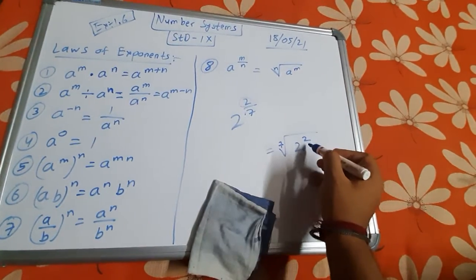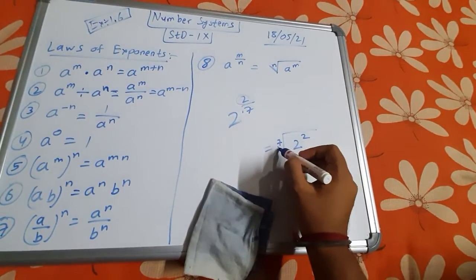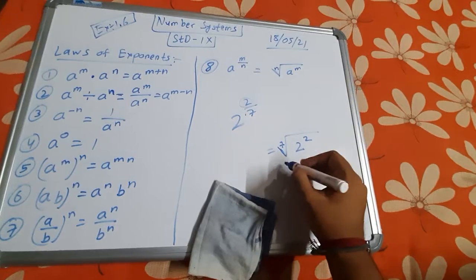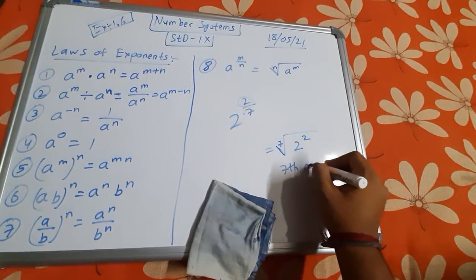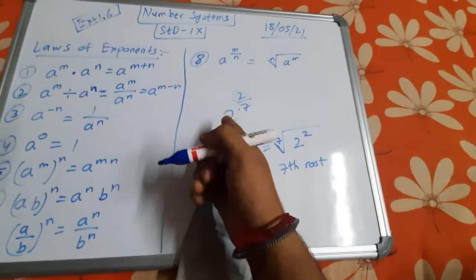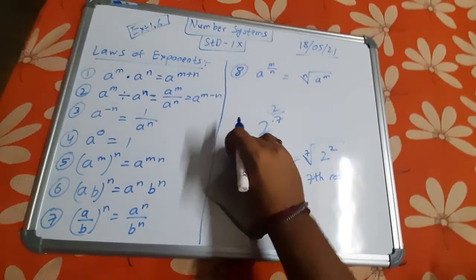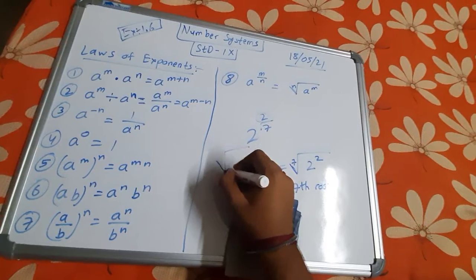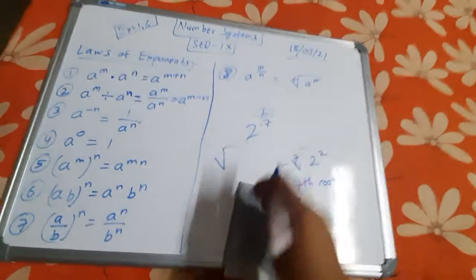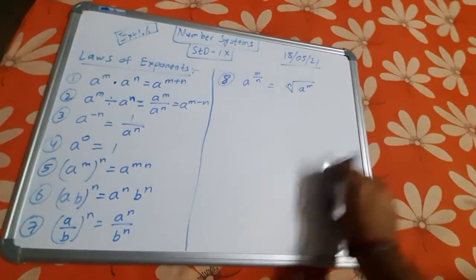See, the numerator goes to the power of the base and the denominator comes in the v of the root. That means it is the 7th root. Like there is square root, there is cube root. In square root we don't give 2 over here, we just leave it blank. You can give 2 also, no problem, but it's not actually given. That is the meaning of this.